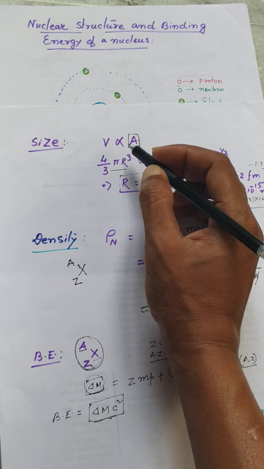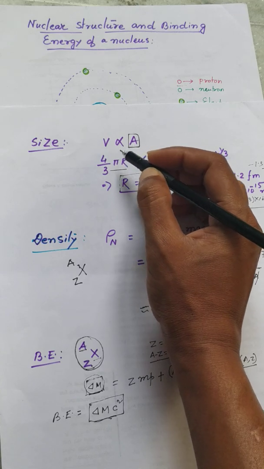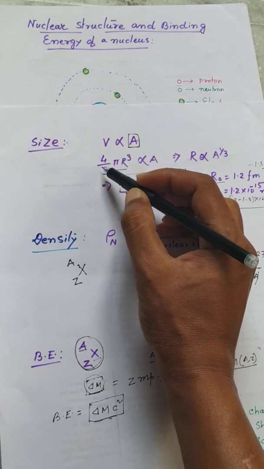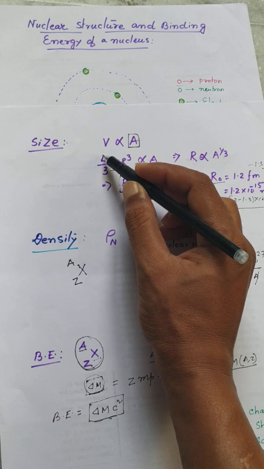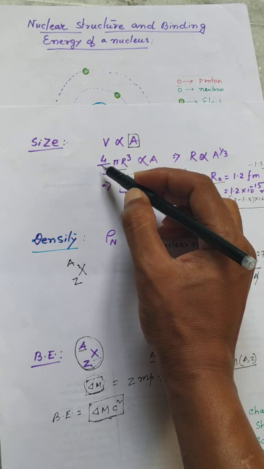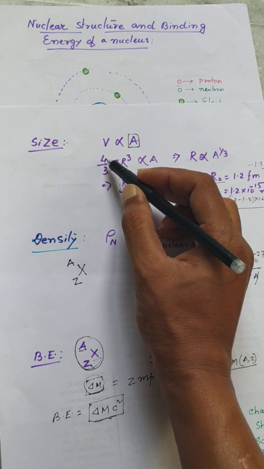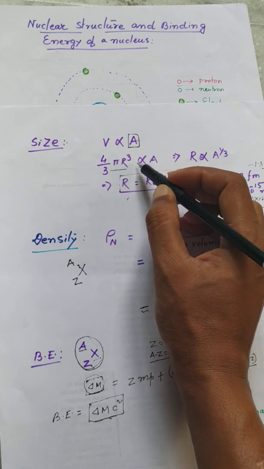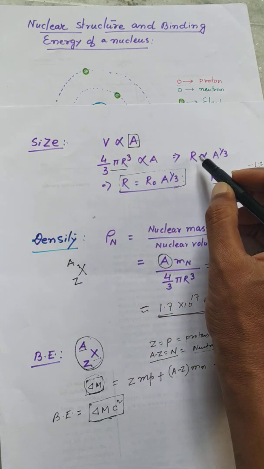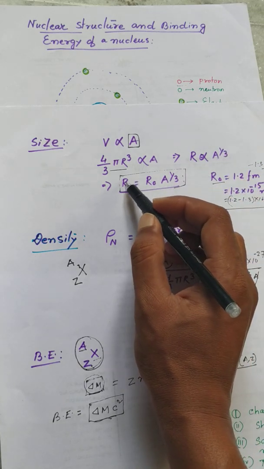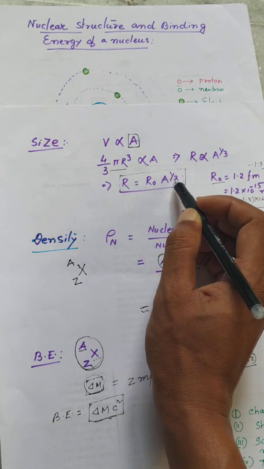If we assume the shape of the nucleus is spherical, and we always assume that, the volume of a sphere is 4/3 pi r cubed, where r is the radius of the sphere. This is proportional to A, so r is proportional to A to the 1/3, or finally r equals r0 A to the 1/3.